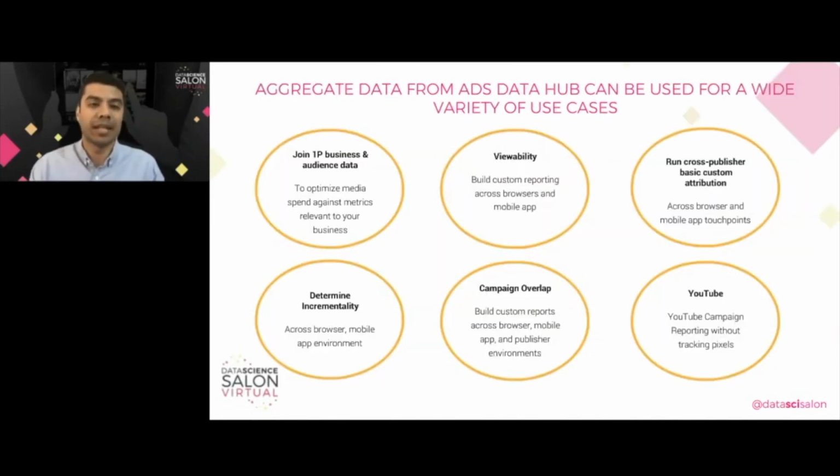Moving to the next slide, towards the end of the presentation, there are a lot of other use cases that we have done for our clients, which include working with first-party data, viewability, cross-publisher basic customer attributions, understanding incrementality, brand lift studies, campaign overlap, YouTube, and many more use cases related to ad collision as well.